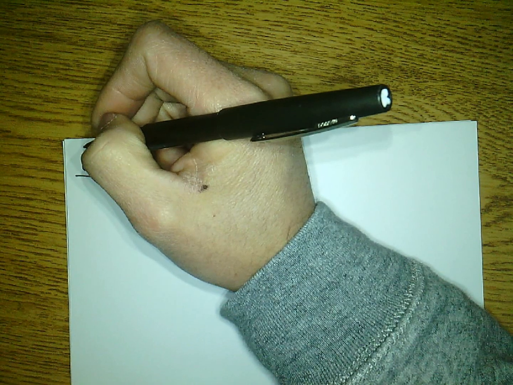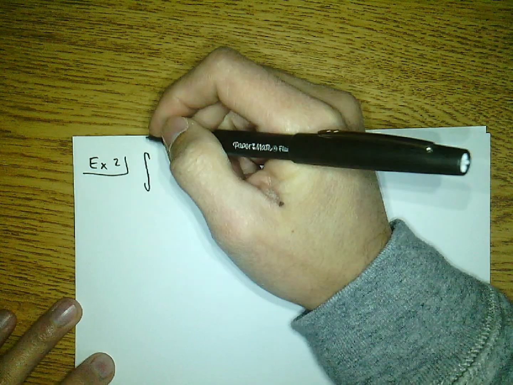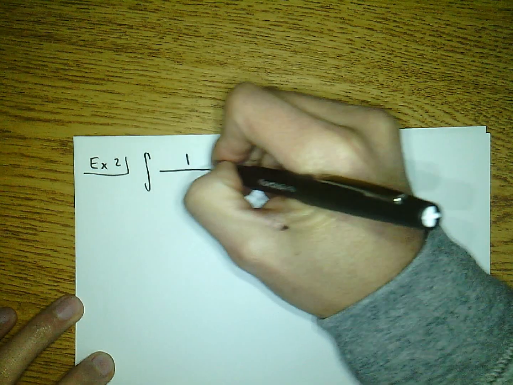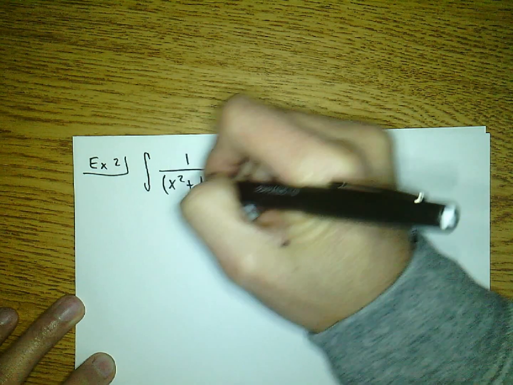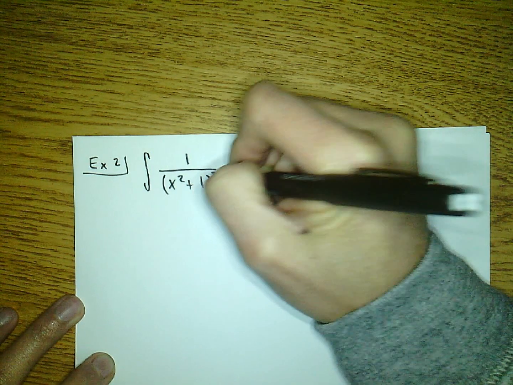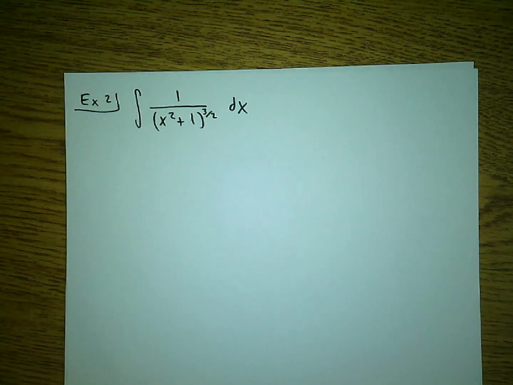Let's say that you have something like this. Here's the integral of 1 divided by x squared plus 1 to the power of 3 divided by 2 dx. First, does this resemble anything we're doing today?